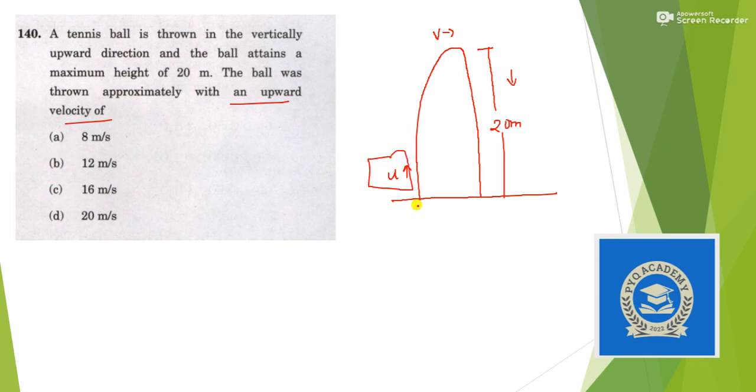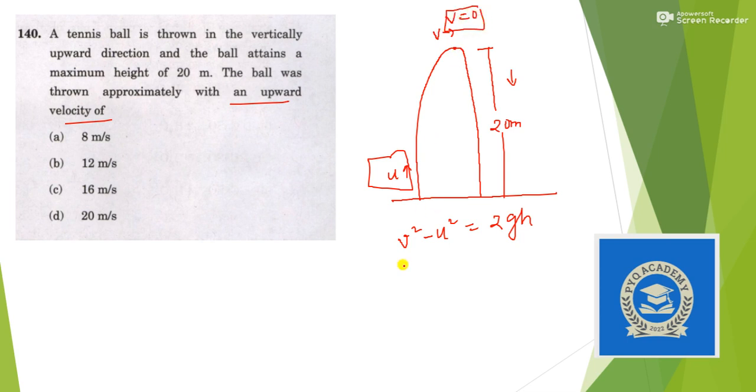We know a formula: v² - u² = 2gh. Let's use this formula. Another thing you should know is that when it reaches the maximum point, the final velocity becomes 0.